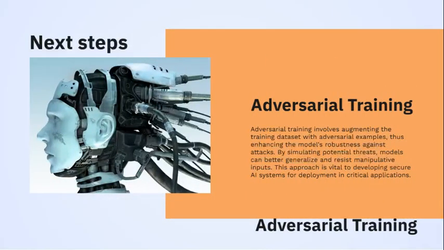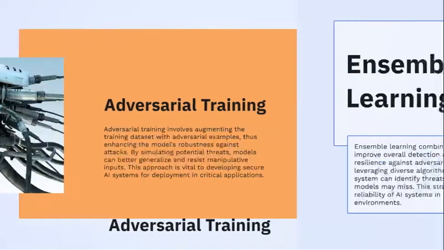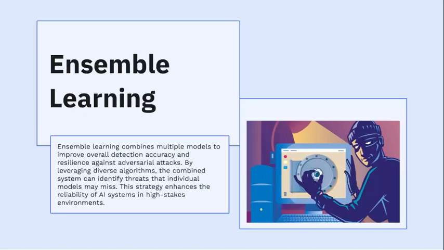So the next steps, what could be done to improve this. We can include more adversarial examples in training to improve resilience. We can try ensemble learning, where we connect multiple models and average out, or take output from multiple models and try to identify the misses.